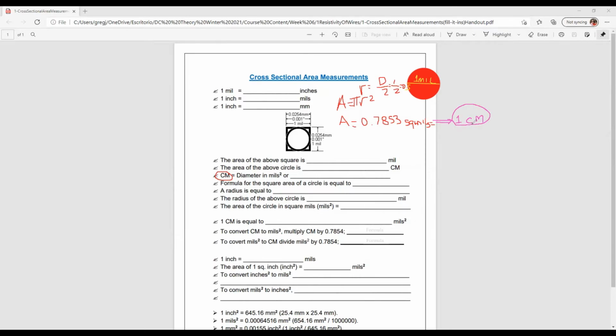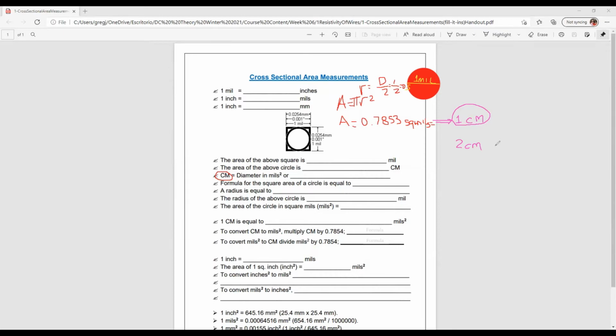It comes from the amount of area that you have in a given conductor. So if we have, let's say, 2 circular mils, that means we can determine how many square mils we have in the conductor.